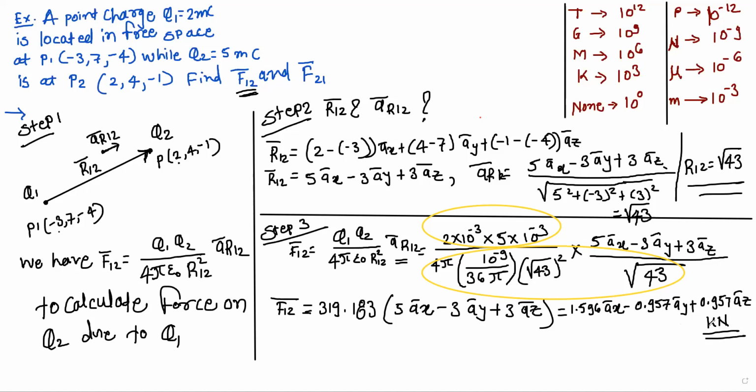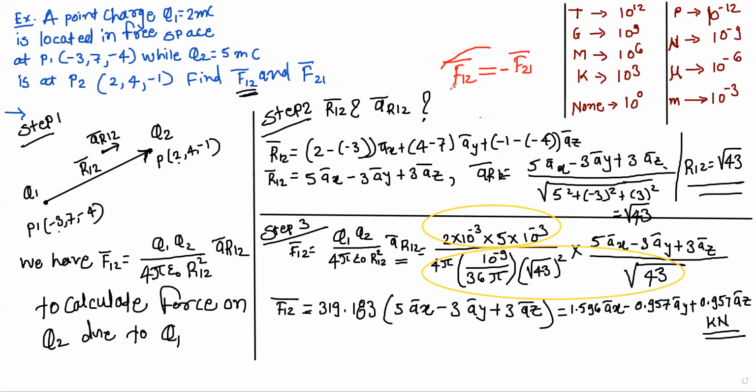You can cross verify. And since the force is in opposite direction, what I can write here in a highlighted fashion with the red color, when I say F12 bar, it is always opposite of this F21 bar, right?